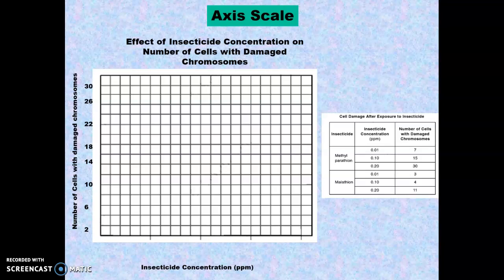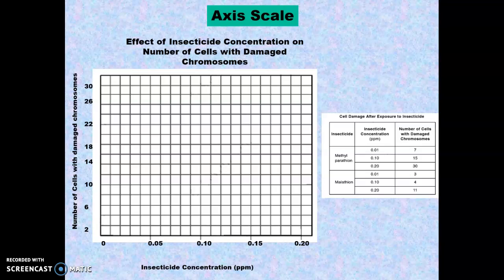Now on my x-axis, the concentrations went from 0.01 to 0.20. And of course, working with decimals can be difficult, but it's the same breakdown if it was a decimal or if it was a whole number. You can kind of imagine them as being like whole numbers, 1, 10, 20.